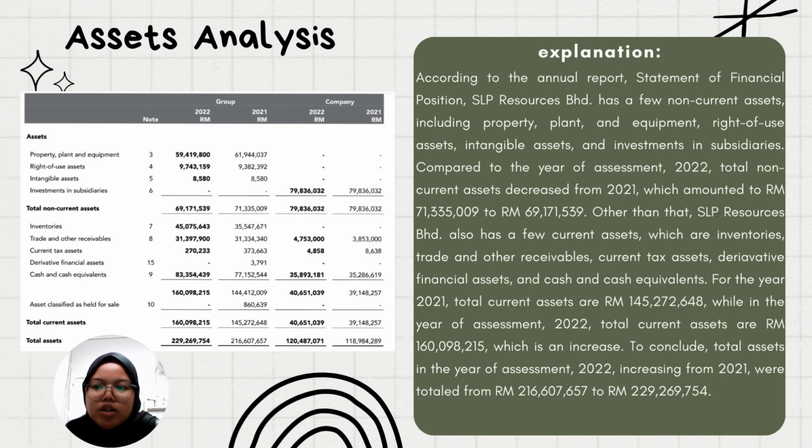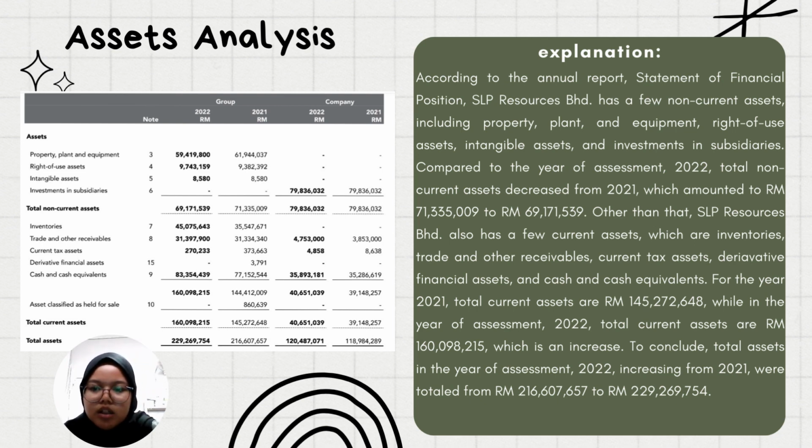SLP Resources Berhad also has a few current assets, which are inventories, trade and other receivables, current tax asset, derivative financial assets, and cash equivalents. For the year 2021, total current assets are 145,272,648 ringgit, while in the year of assessment 2022, total current assets are 160,098,250 ringgit, which is an increase.